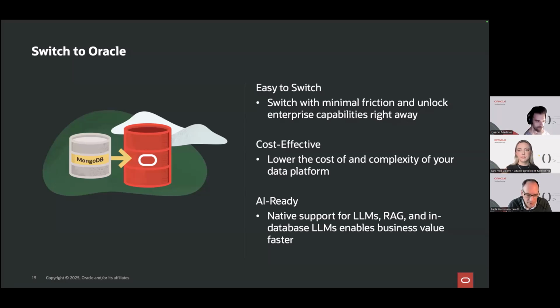You literally just replaced the connect string and your app ran. In some cases you may have some queries that you want to optimize for Oracle, etc. But it's usually very straightforward. This is why we stopped calling it a migration and we really call it just a switch, and it's quite cost effective.